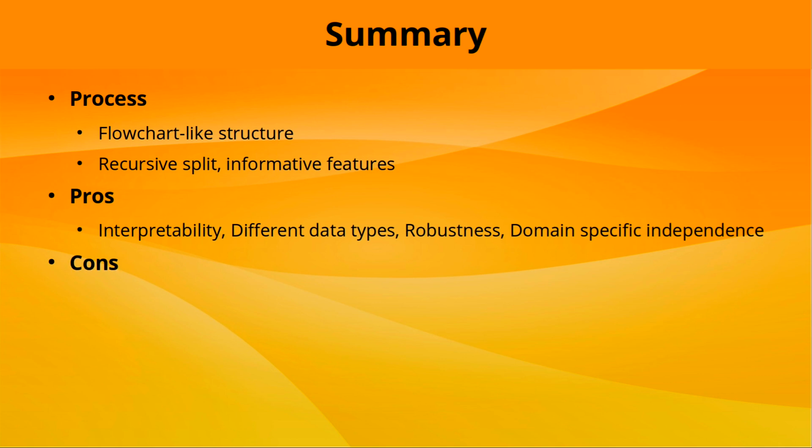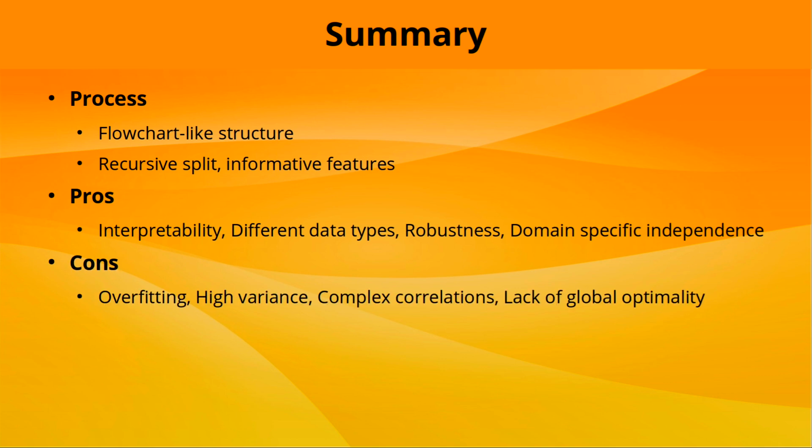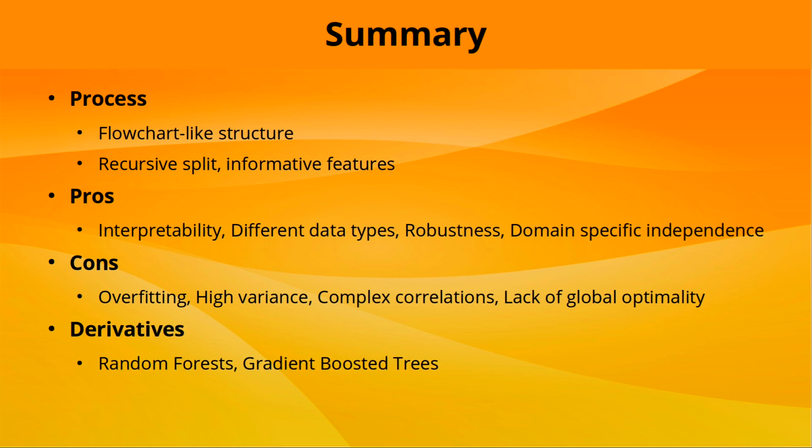However, they should be used with caution to avoid overfitting and to consider possible high variance, their limitations in capturing complex correlations, and lack of global optimality. Derivatives of decision trees include random forests, that utilize an ensemble of decision trees, and gradient-boosted trees, that iteratively train decision trees to minimize prediction errors, with subsequent trees correcting the errors made by previous trees.